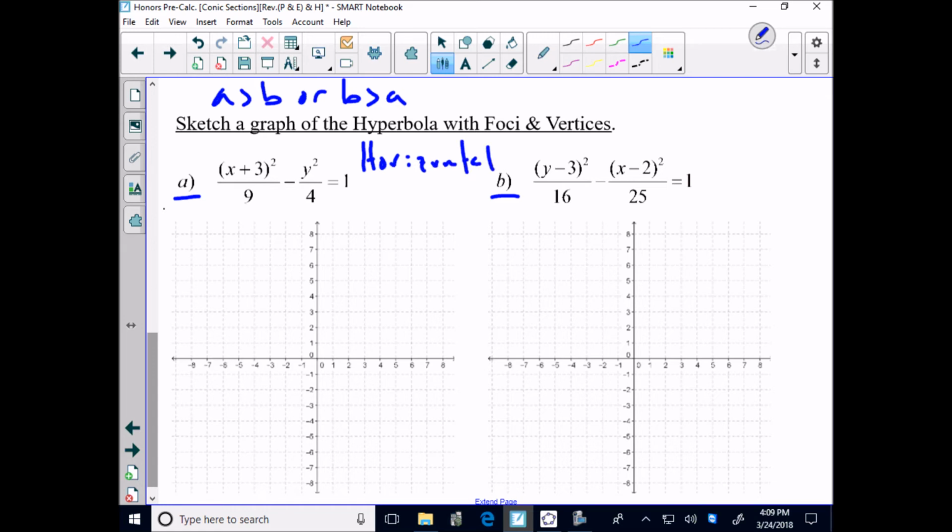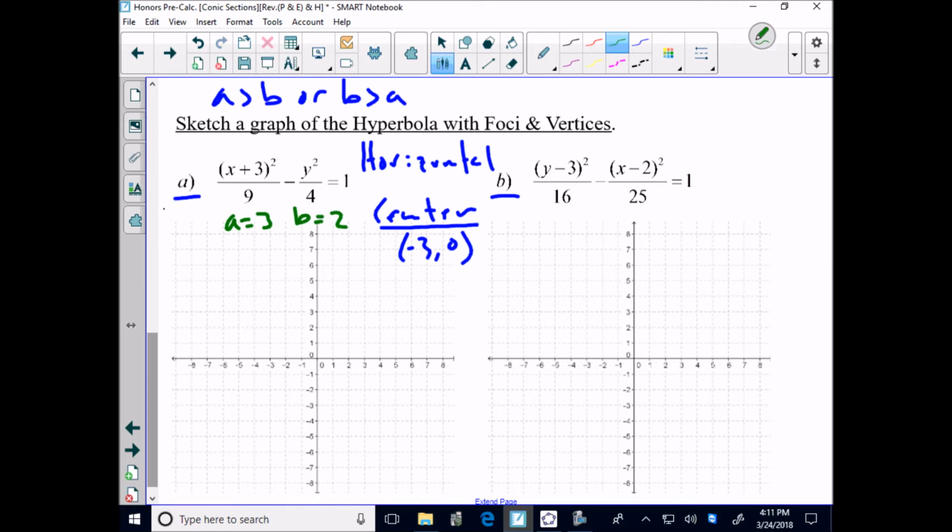And right here, we can say that the center of the box that's going to give us our diagonal asymptotes is going to be (-3, 0). Our first term is going to have a denominator of a squared, so a squared is 9, which means a is going to be a length 3, and our second term is going to have a denominator b squared. So if b squared is 4, we know that the length b is going to be 2.